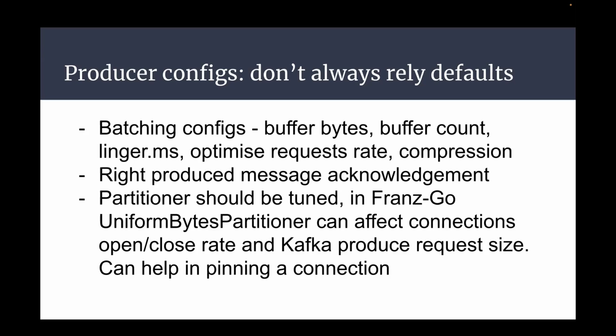various properties. On the side of batching configs, you get to configure your buffer bytes, buffer count, or linger ms. Basically, when you produce to Kafka, you do get to buffer some of the requests. In Kafka you put smaller messages only.